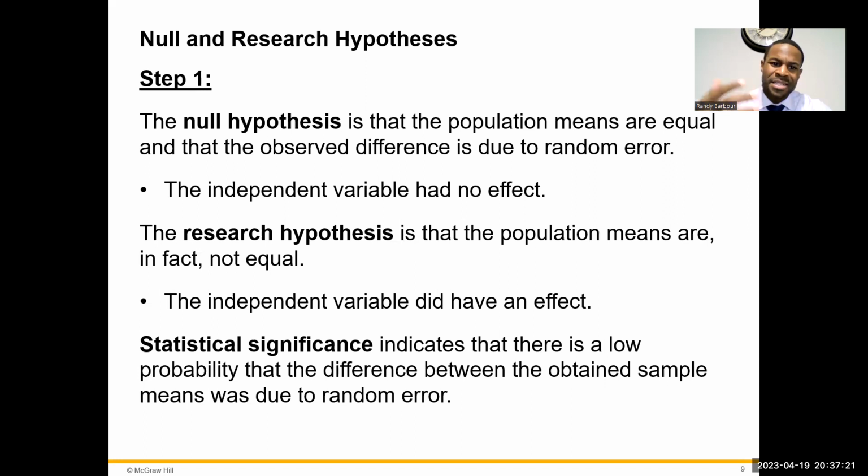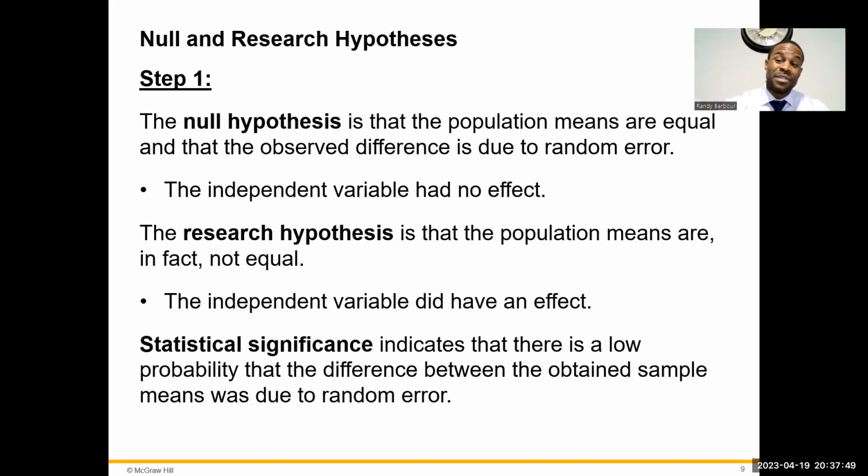The first step, again, is stating those hypotheses. You have what we call a null hypothesis. And the null hypothesis is saying that for the means that I have, there is no direct difference at all. There's no effect, no difference, no change, right? All that's saying is when I look at those population means, they are equal, and they're equal because of just random error, right?